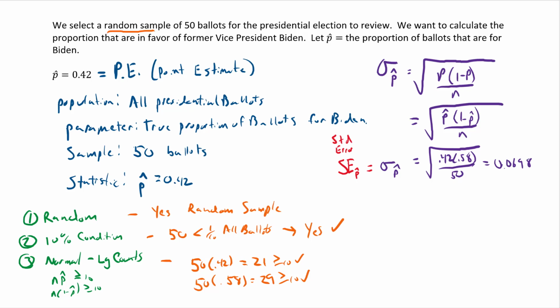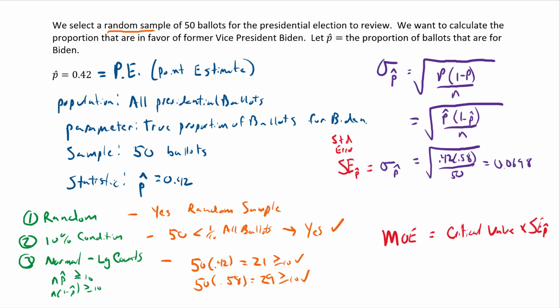So our margin of error for our proportions is going to be a calculation of your critical value times your standard error of your proportion. Okay, that's what we use to find our margin of error.